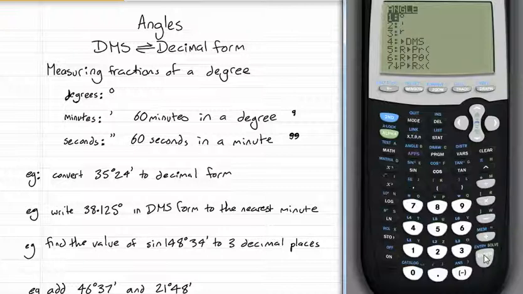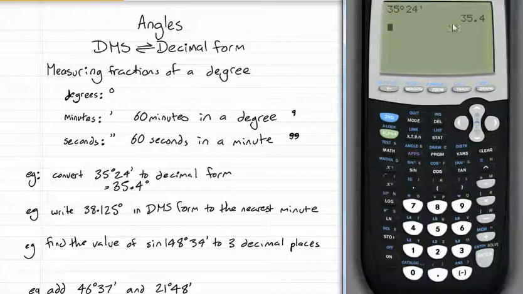You can hit enter when you've got 1 highlighted, or you can just press 1. 35 degrees, 24 minutes. We need to say this is in minutes, second function, angle, and 2 for minutes. Once we've got that, enter, and it will evaluate that as a decimal. 35.4 degrees.